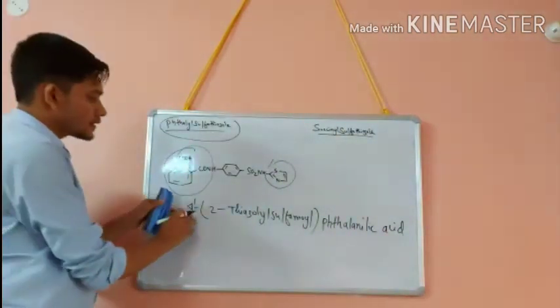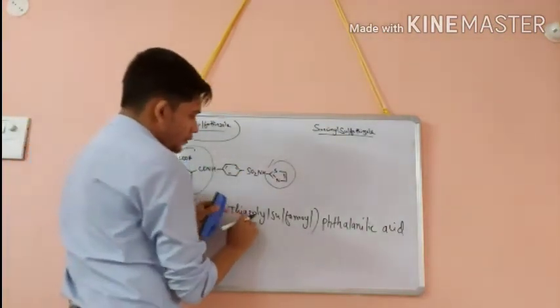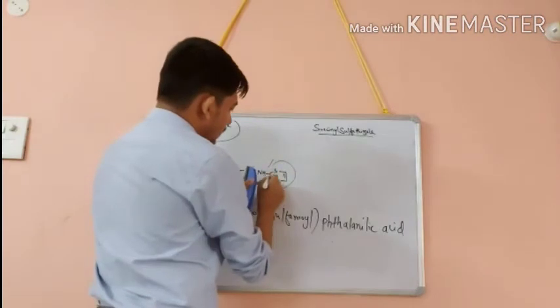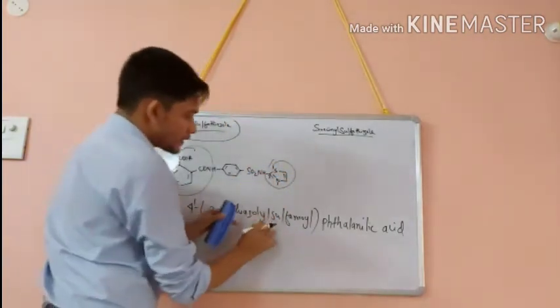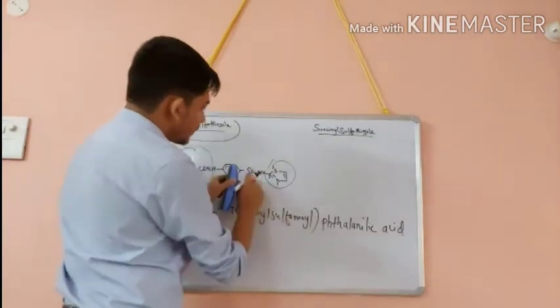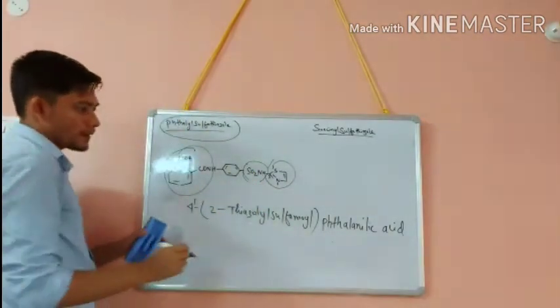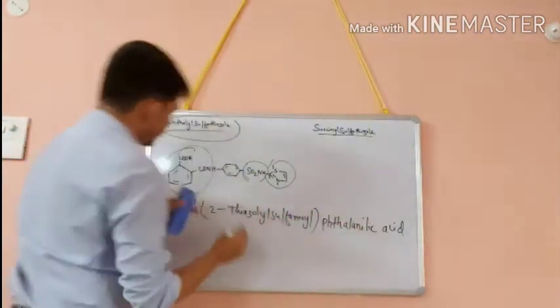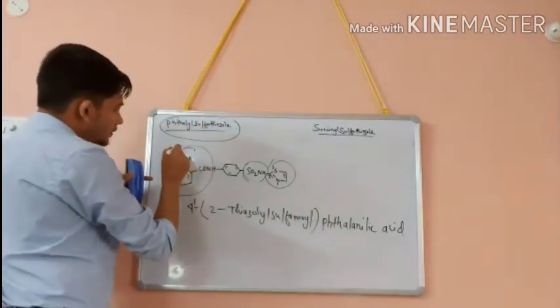So in the 4 dash position, what is there? 2 dash thiazolyl. This is thiazole, and in the 2 position something is attached, this one is attached, so sulfamoyl. This is the sulfamoyl group. Then the overall structure we can say is phthalylanilic acid. Why phthalylanilic acid?